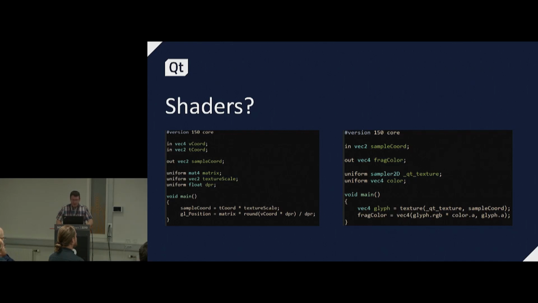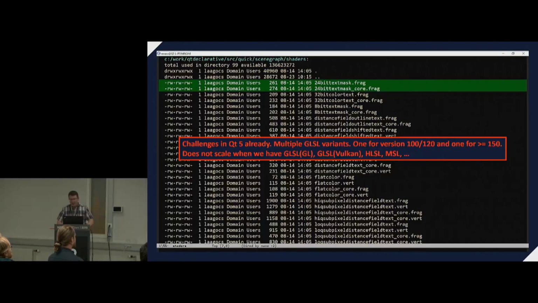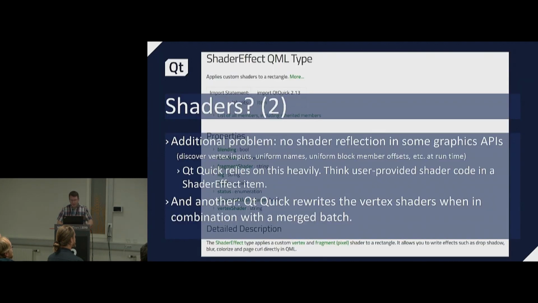And the final thing is shaders. Just to give an idea, we will have solutions for shaders. These are vertex shaders, fragment shaders. Qt is full of these. We already have some issues in Qt 5 in that we need at least 2 variants for the different OpenGL versions. Also, in some of the new APIs, you can't compile shaders at runtime, you can't get reflection, so you can't dynamically discover what the uniforms and vertex inputs are.